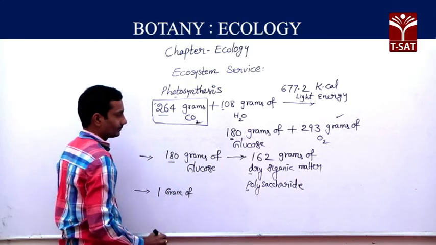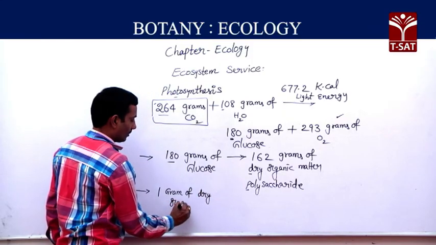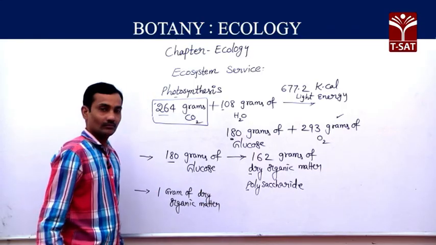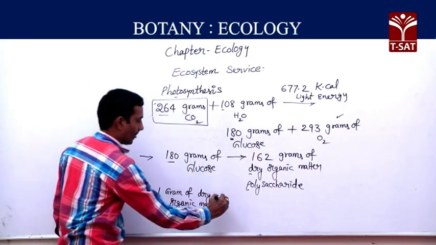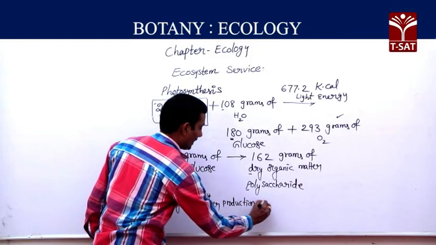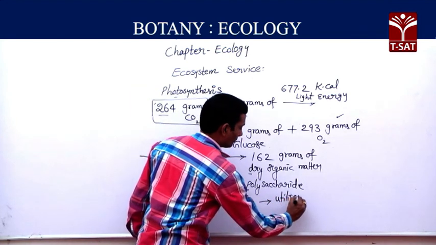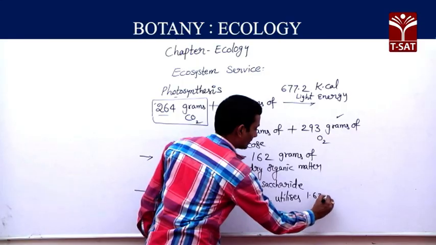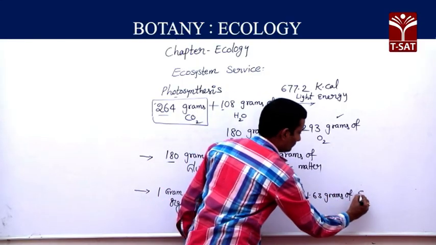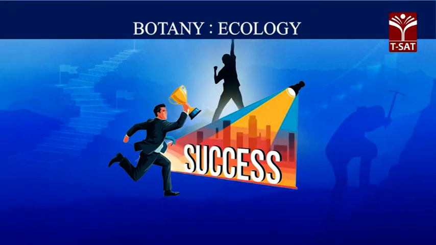So here, if we take 1 gram of dry organic matter production, they utilize 1.63 grams of carbon dioxide from the atmosphere.